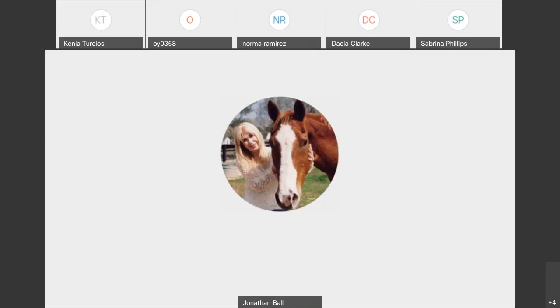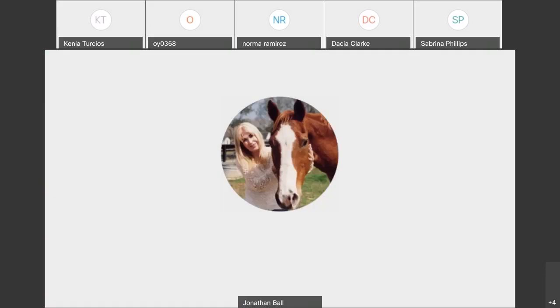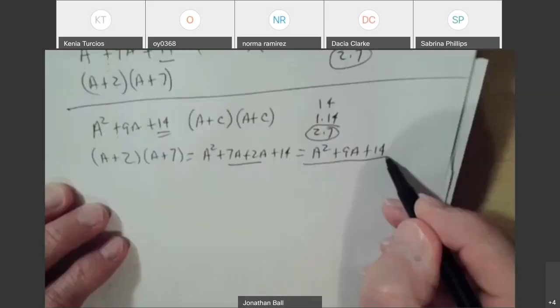Middle two terms are common, so we get a squared plus 9a plus 14. That is the same as that.